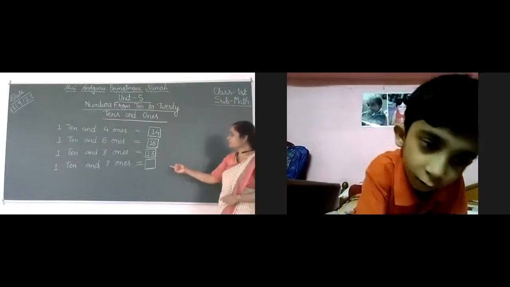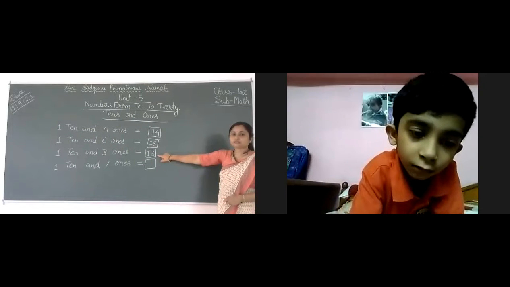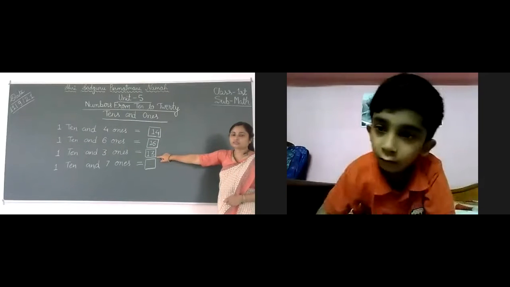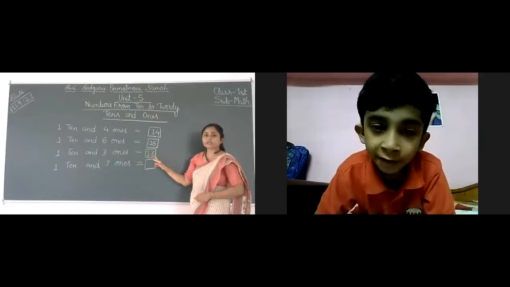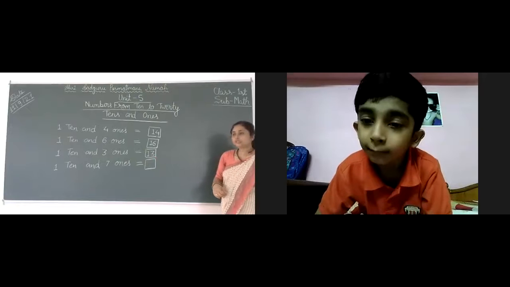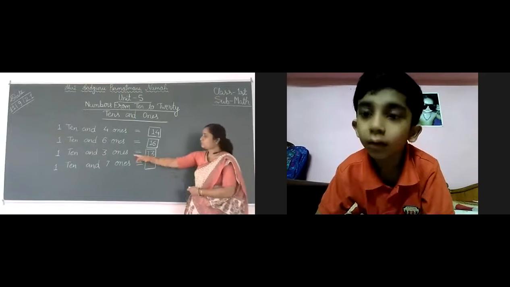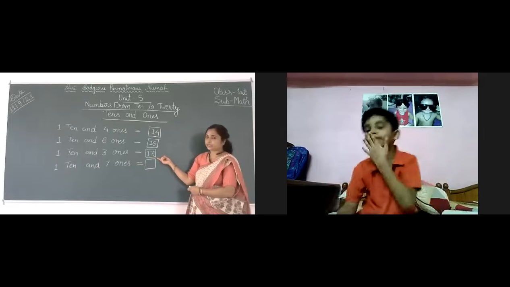Akshant, give me answer. 1 ten and 3 ones is equal to 13. Okay. 1 ten and 3 ones is equal to 13.